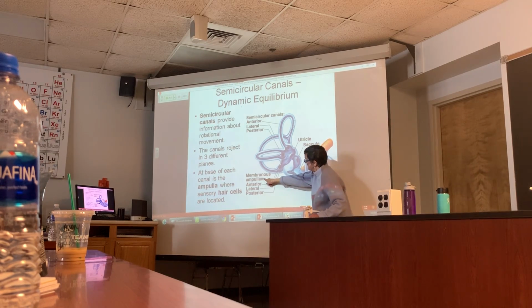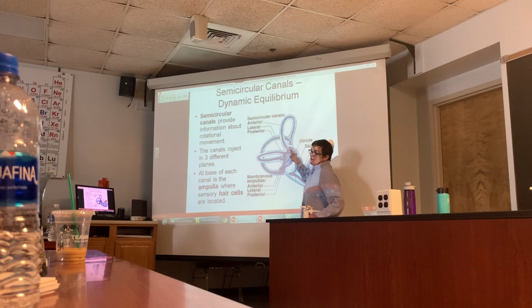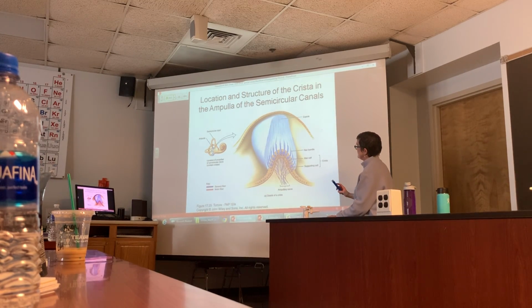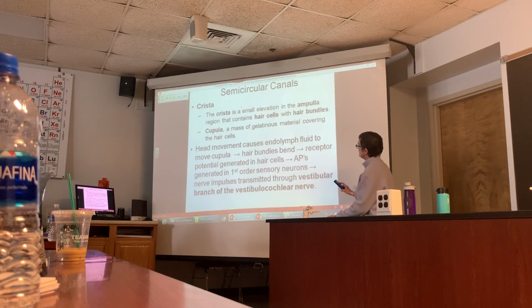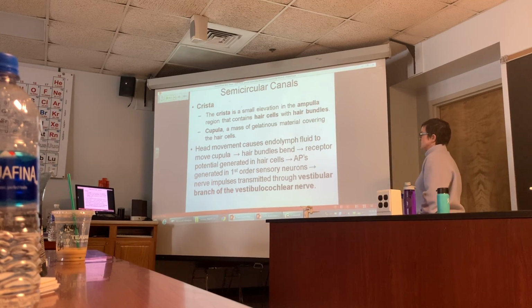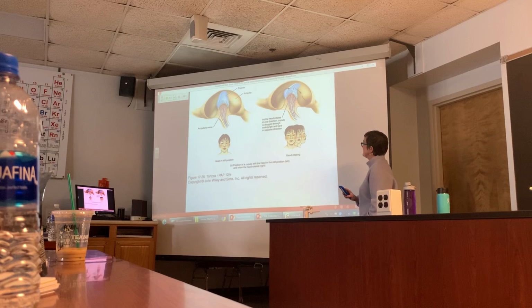And the ampulla here, here, and here is where those receptor cells are, where those cristae and cupulas and hair bundles are. As you bend those hair cells, you generate receptor potentials in hair cells, which then stimulate sensory neurons to send signals, this time through the vestibular branch of the vestibulocochlear nerve.